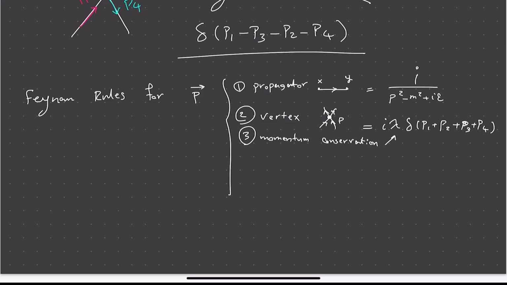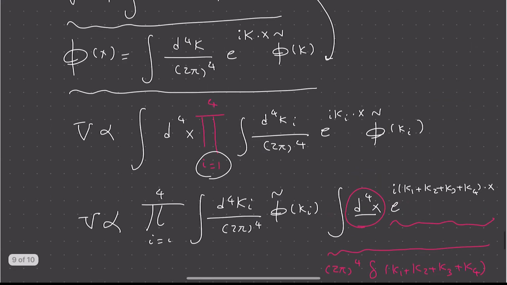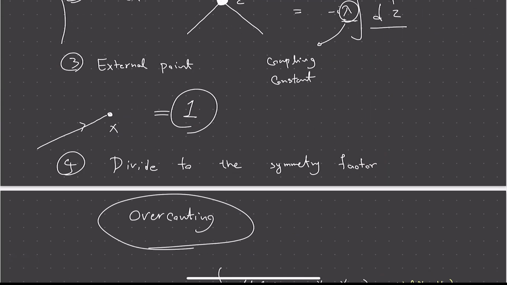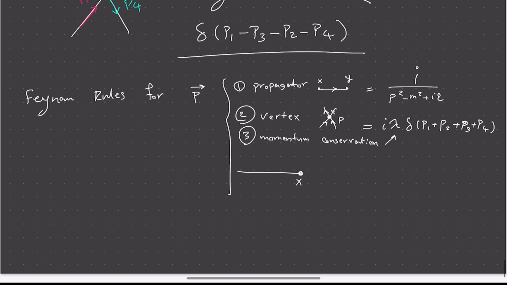For each vertex. Now for each external point, if you remember, in spacetime each of these external points doesn't correspond to an integral, so there is only a coefficient of 1. If you're confused about what that 1 was, it means that for any external point you don't have an integral, so you just put 1. Now, if you take it to Fourier space, then you have a factor of exp(-ip·x).